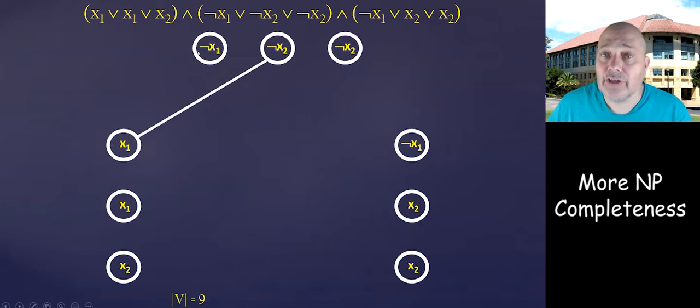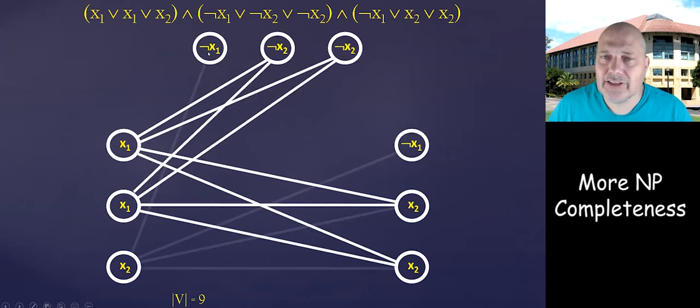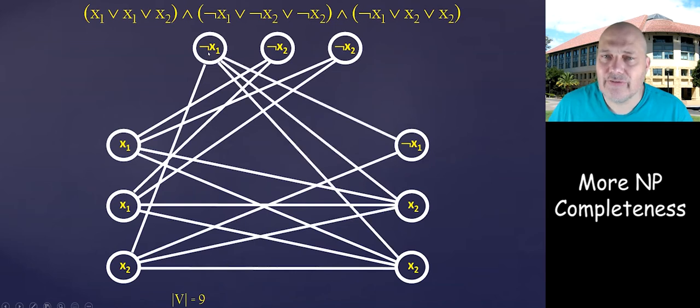On the other hand, you don't have the edge from x1 to not x1 because that is contradictory. And then you put all of the possible edges and you have this graph. And now you're asking, is there a clique of size 3? Because the number of clauses is 3.